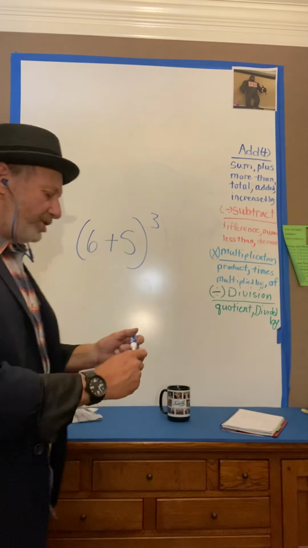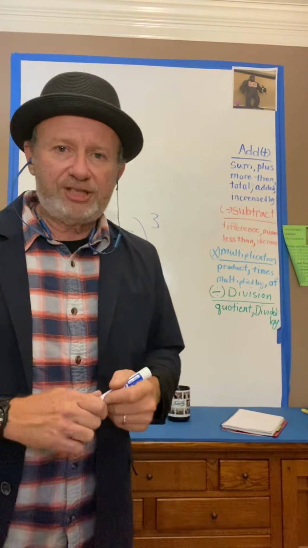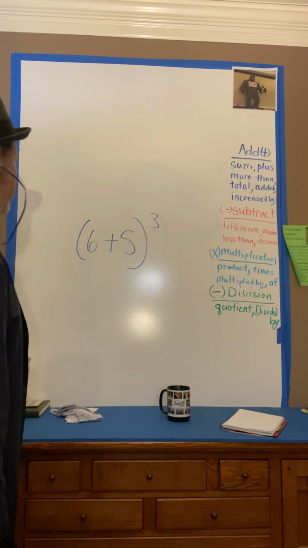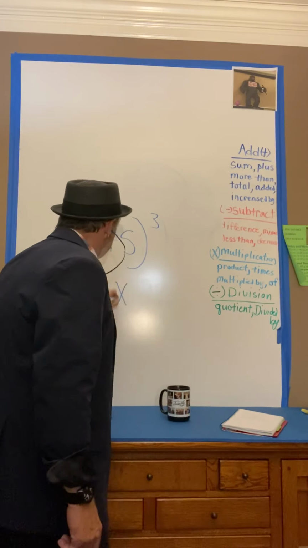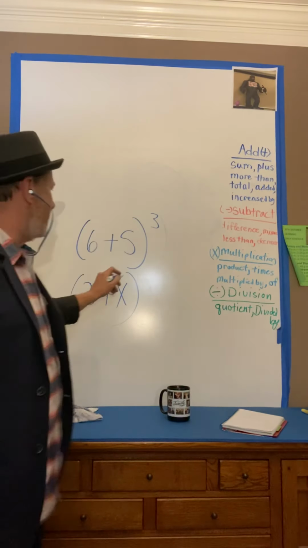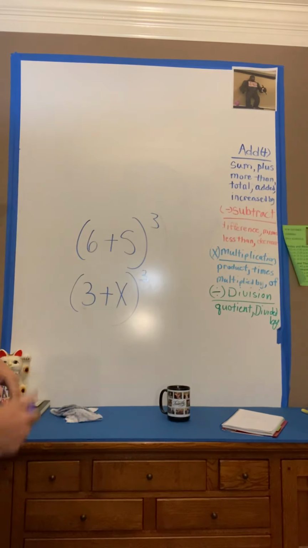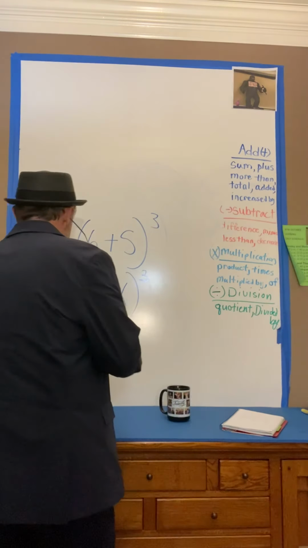What if I said the cube of 3 increased by x? Well, 3 increased by x would be 3 plus x, and then I would cube it. Got that? All right. Let's do one more, and then we can be done.